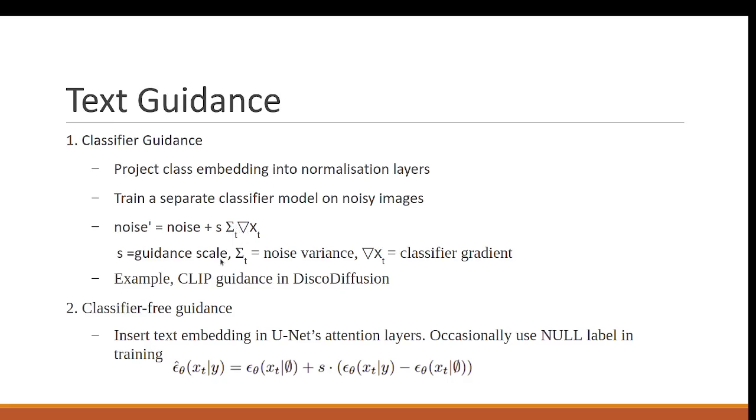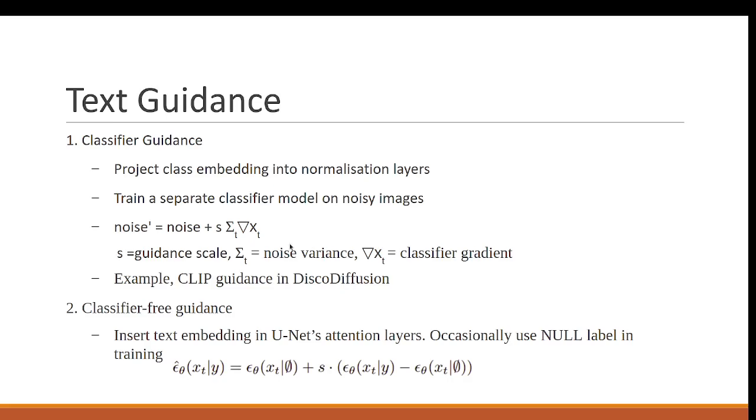If we use a higher weight, it can produce higher quality images that match the classes or the text description more, but at the expense of diversity. Maybe it will create less diverse images because we set the weight high for the particular class.